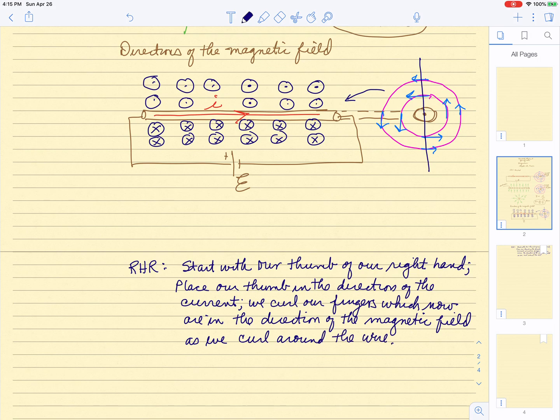Okay? So again, if I were to reverse the current in the picture above, that is, the current is going right to left instead of left to right, then all directions would be changed. Okay.